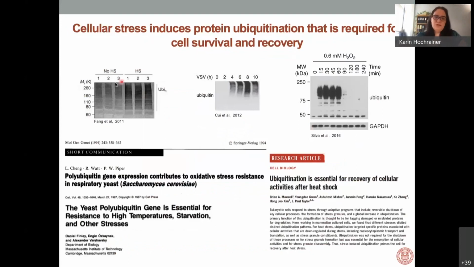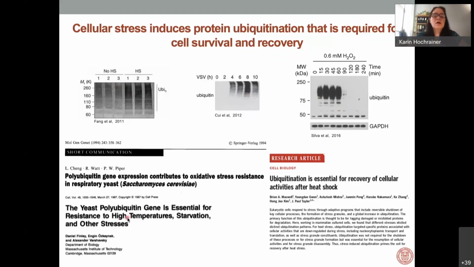I've just put here 3 examples: heat shock, viral infection, or free radical exposure. All 3 cases lead to vast ubiquitination, which is represented by these smears that you can see here, that are representative of many polyubiquitinated proteins.